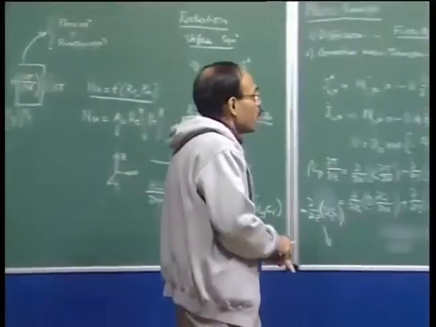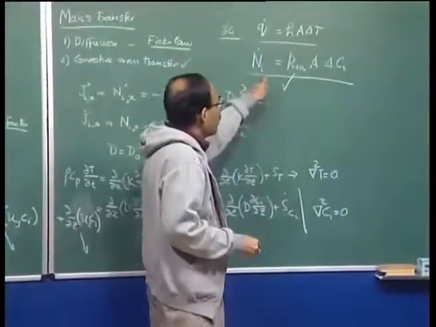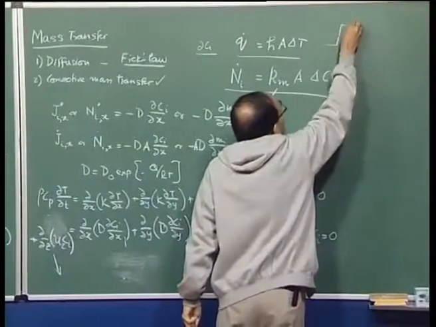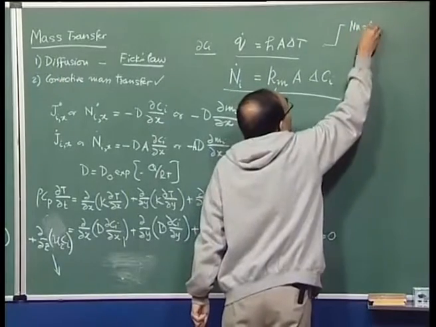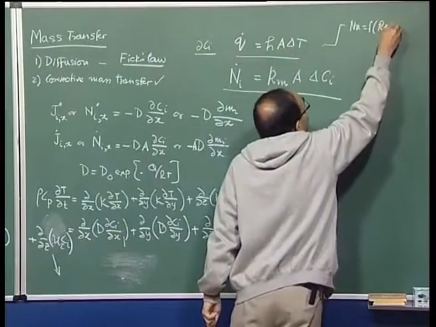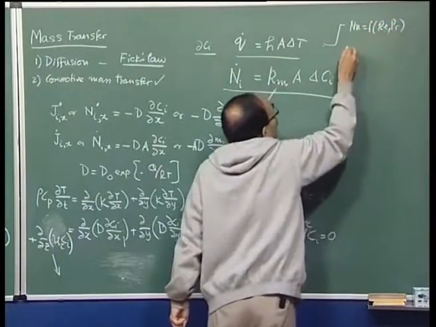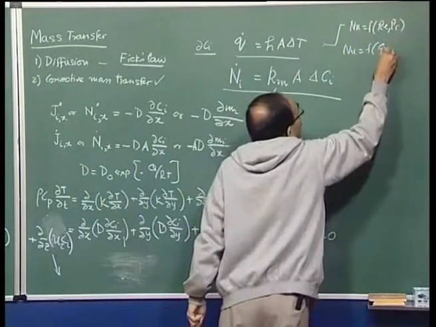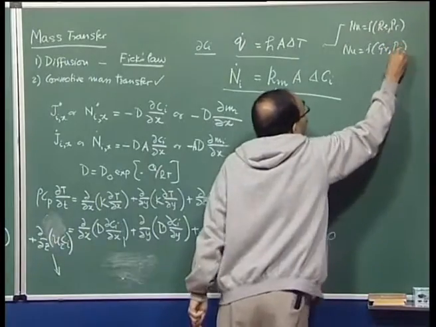So, in forced convection heat transfer, we had Nusselt's number as a function of Reynolds number and Prandtl number, and Nusselt's number as a function of Grashof's number and Prandtl number in the case of free convection.